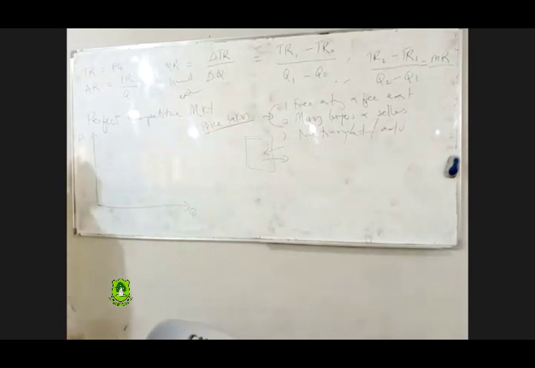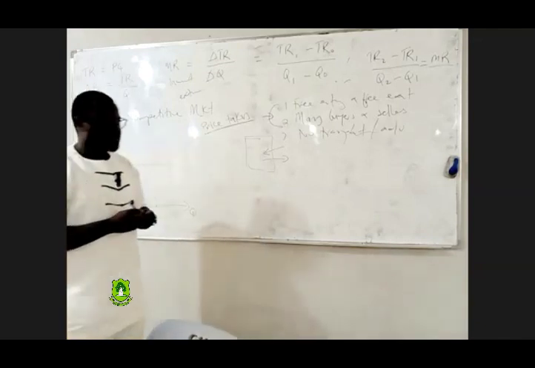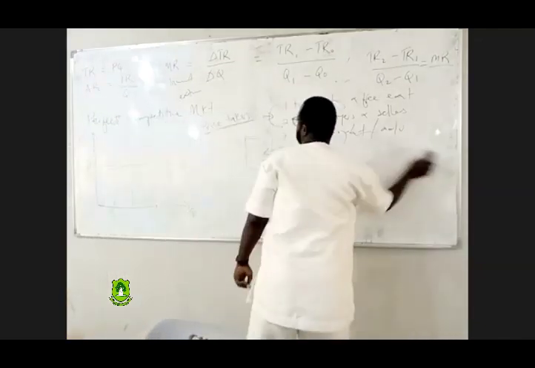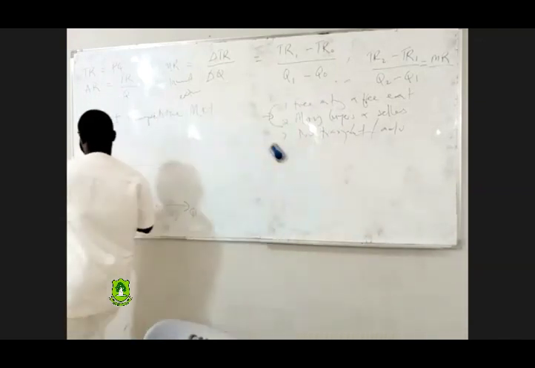Let's make progress. Remember I said because they are price takers, price is fixed. So if price is fixed, at each quantity the price is the same, which means your total revenue, let's say, for example, price is 5.